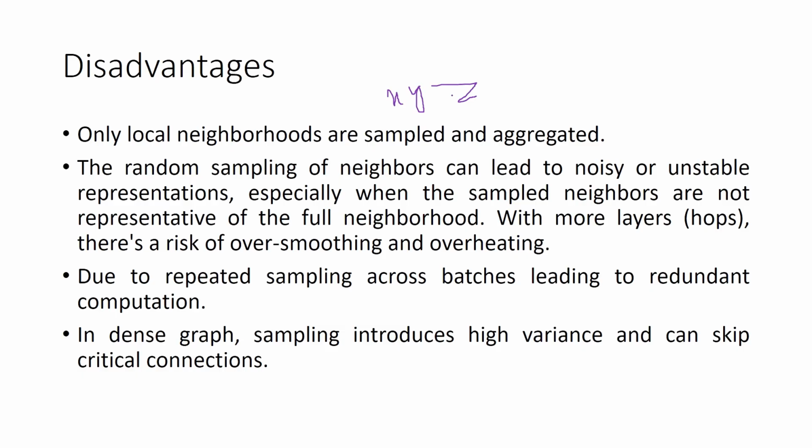There is a possibility, since we are doing batches and we parallelize this, that there would also be a sample which takes these exact three nodes for its calculation. That would be redundant because we already have taken these three. So there are some disadvantages.